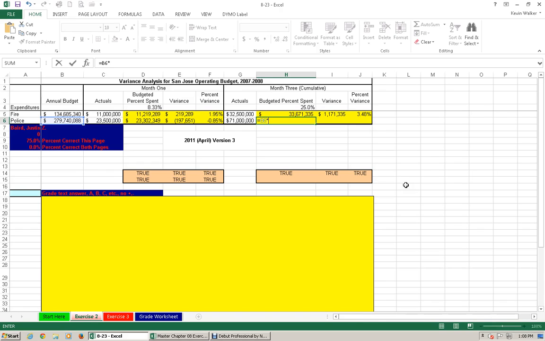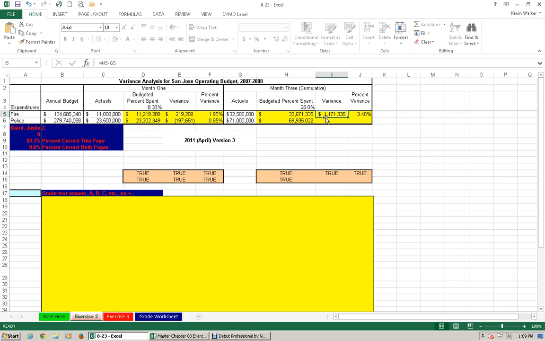And by using the cell reference, it is H4. So at this point, the police are expected to expend almost $70 million of their budget. What they actually spent was $71 million. So unfortunately, they are going in the wrong direction here.